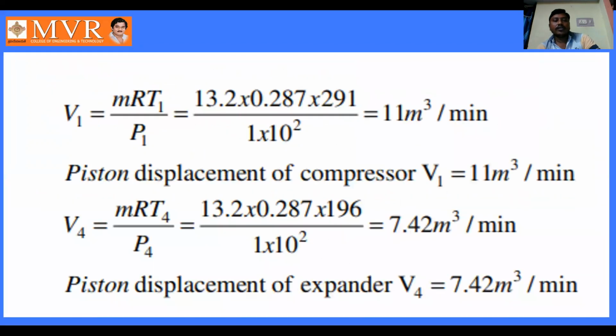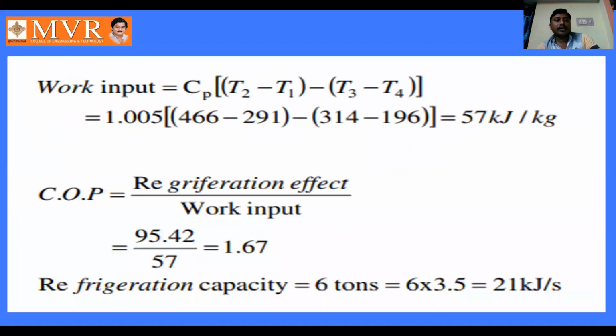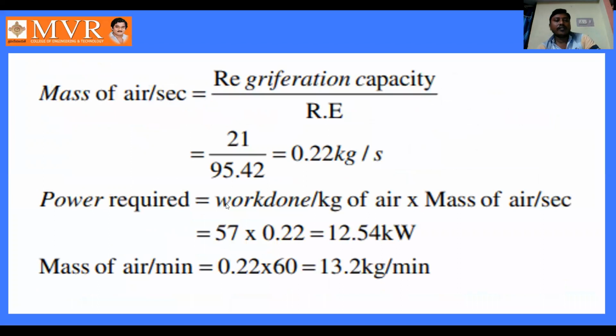So now we are going to calculate P4 V4 is equal to MRT4. We already know from the above equation that M is equal to 13.2 into R, the constant value 0.287, and T4 we have calculated from above.